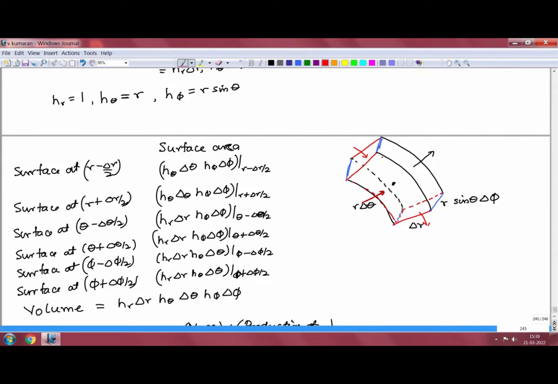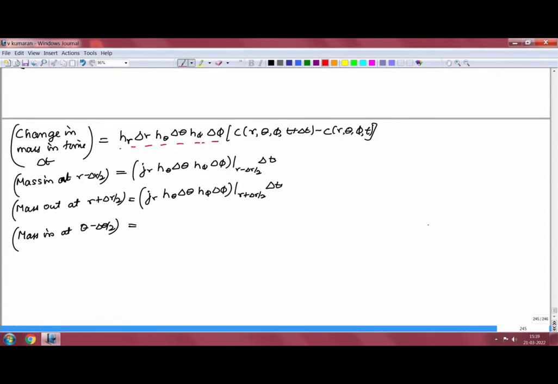And these are equal to j theta into h r delta r h phi delta phi, the flux in the theta direction times the two perpendicular displacements h r delta r and h phi delta phi, times delta t.